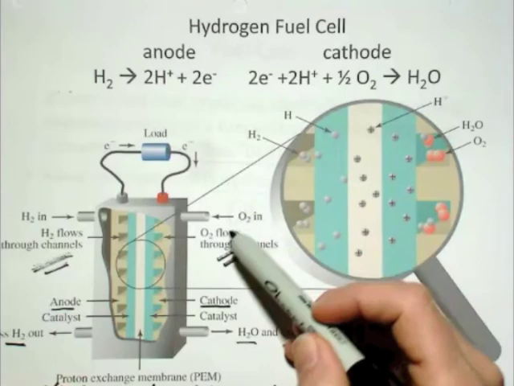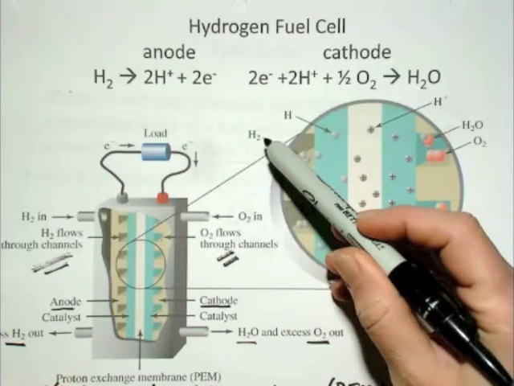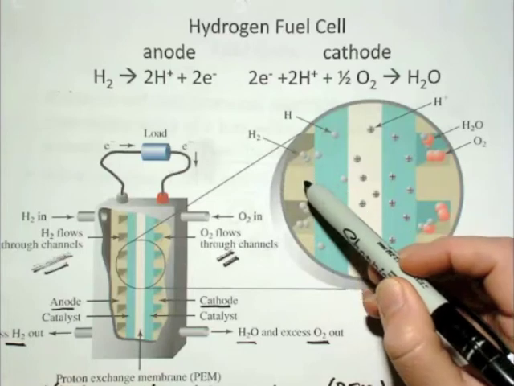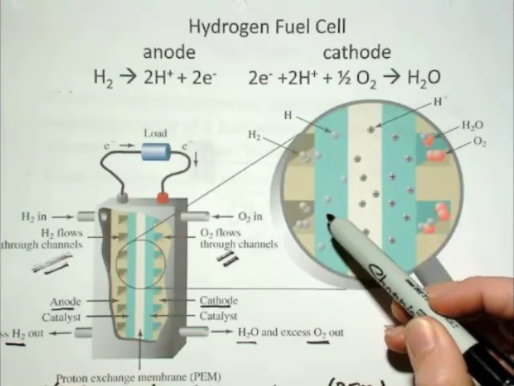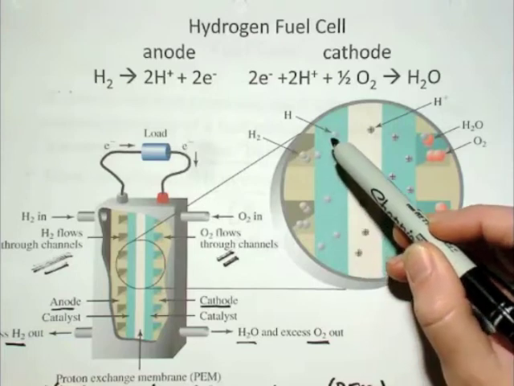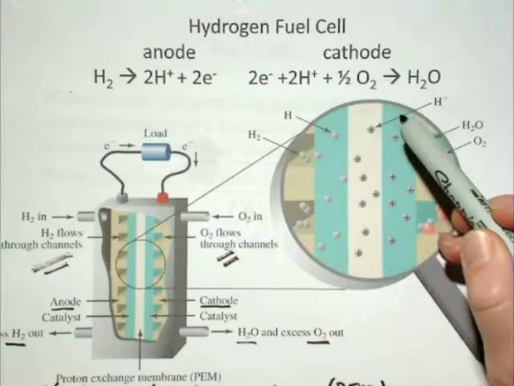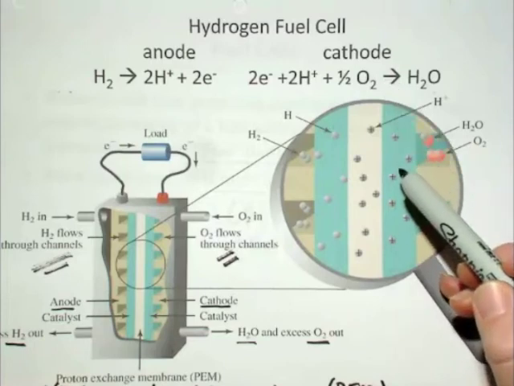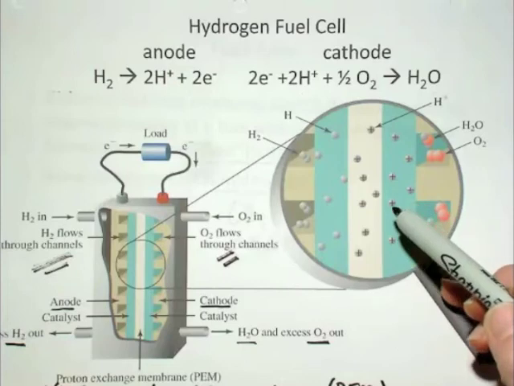Okay, so here's this little section of the fuel cell blown up. You can see the hydrogen molecule right here is coming in at the surface of the anode, because there is a push for the electrons to be pushed off, because there's a pull for the electrons to be put onto the oxygen and the hydrogen to form the water.